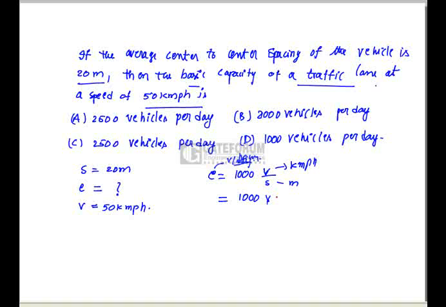So 1000 into 50 kmph by 20 meters is equal to 2500 vehicles per hour. The options were given as vehicles per hour. So 2500 vehicles per hour, option C is correct.